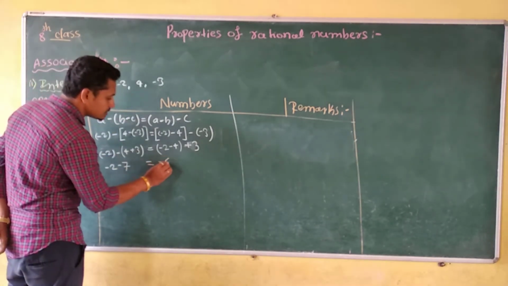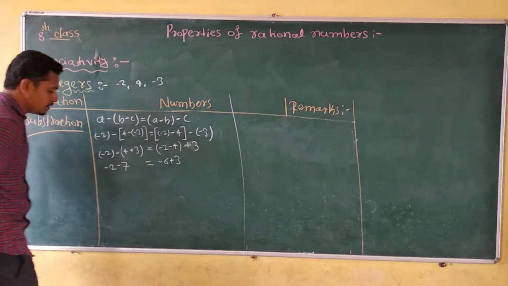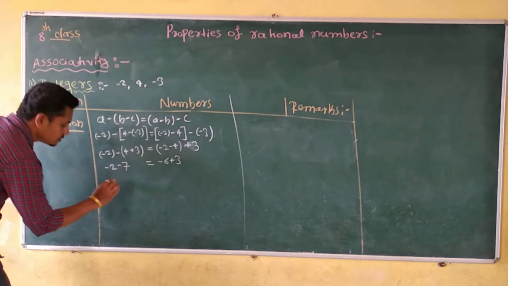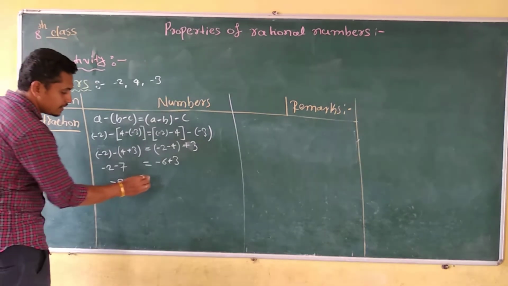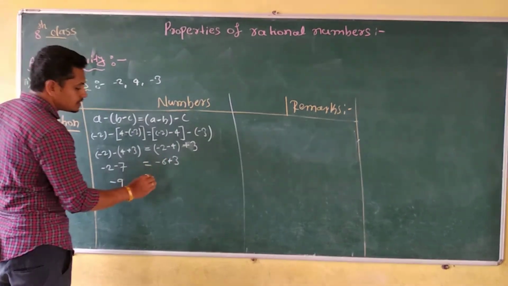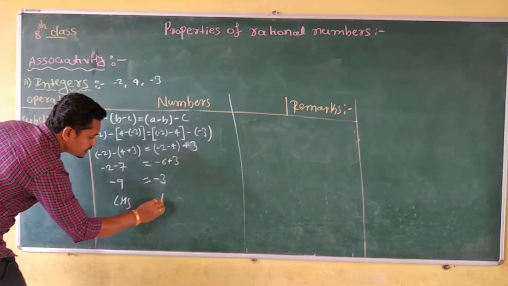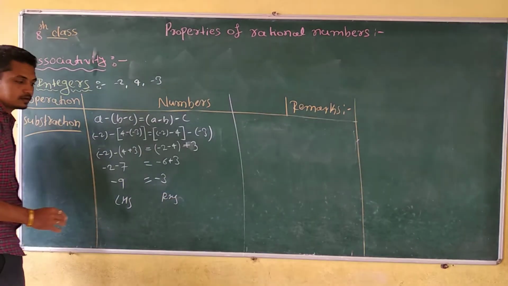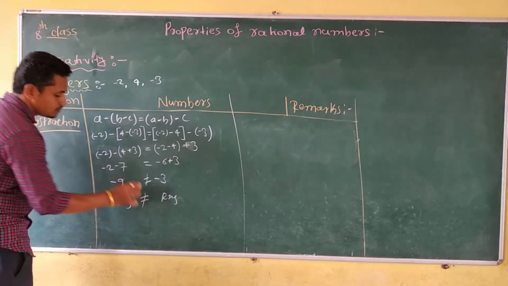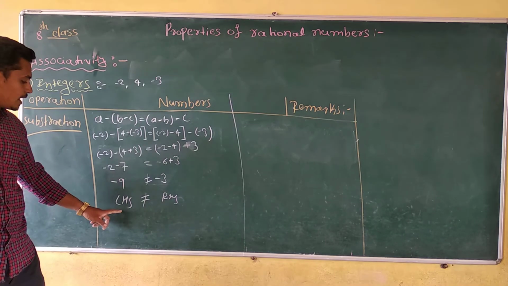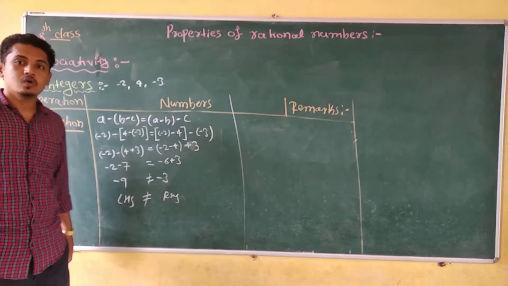-6 plus 3 is -3. Is it right? So this is the left hand side and this is the right hand side. Both are not equal. -9 is not equal to -3. Therefore left hand side is not equal to right hand side.